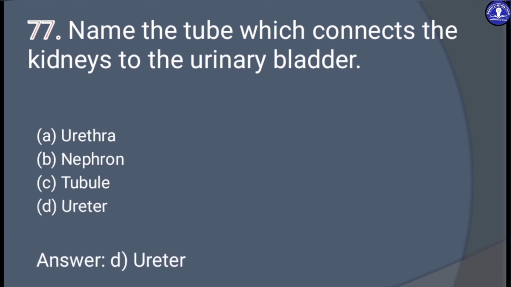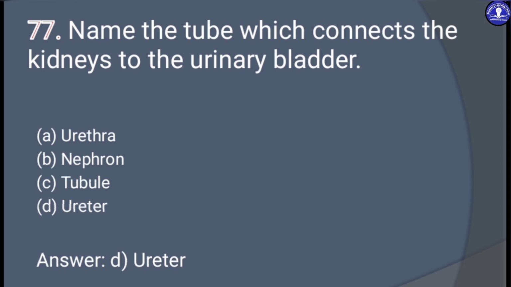Urethra is a tube that allows urine to pass outside the body. Nephron, also called uriniferous tubules, is a small microscopic structure and functional unit of the kidney. It regulates the entire waste removal process from the blood in the body.